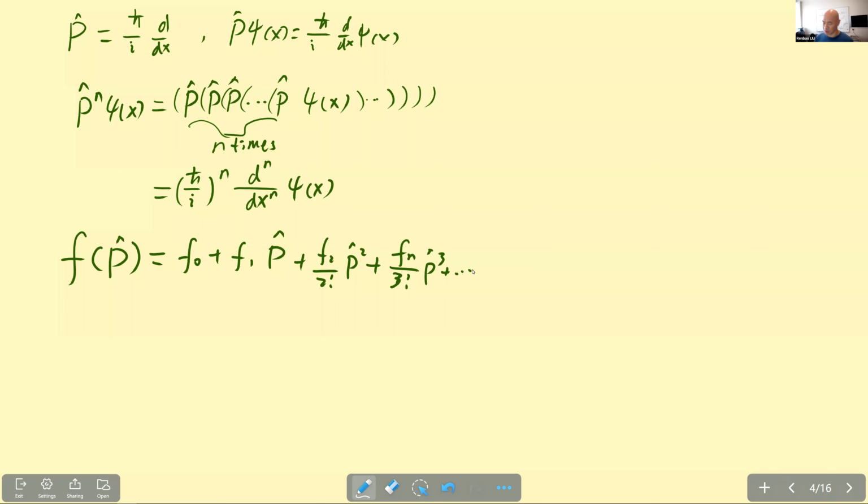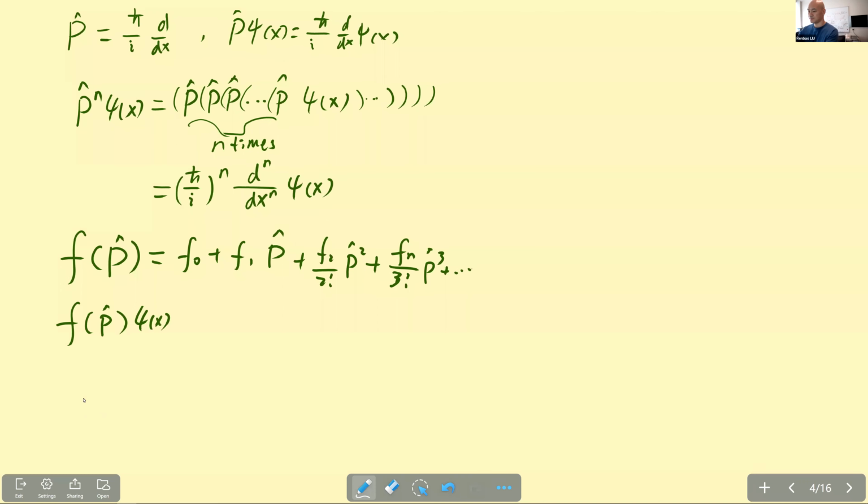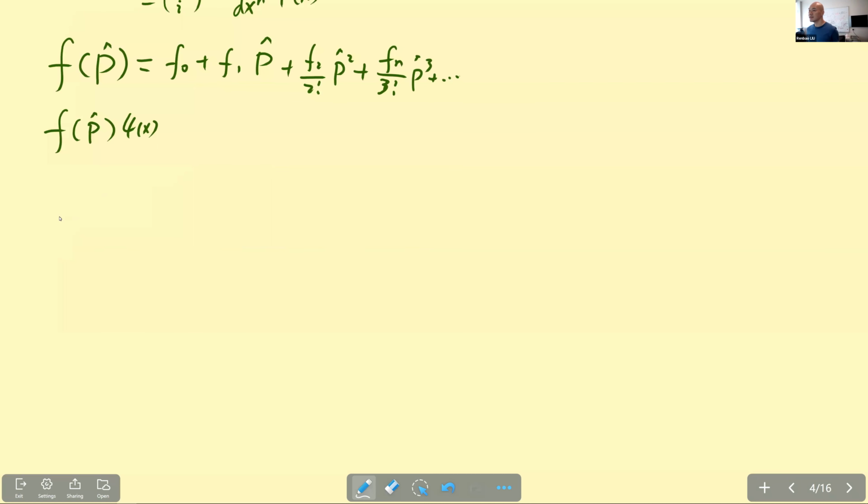And then you can do the same thing. What will happen if you apply this f(p) acting on this psi(x)? What will be the result? Of course, you just put this one term by term, right?